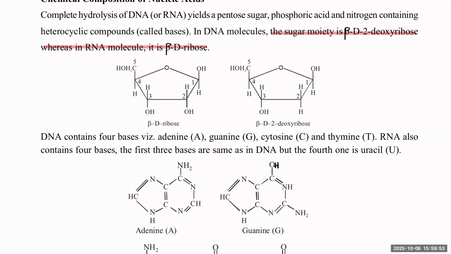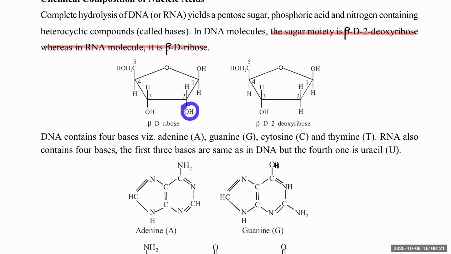When it comes to DNA and RNA, you will see there is one important difference. Both of them have the same sugar, ribose, but in DNA, at the second position, you will have deoxyribose, which means there is no OH group. This is the actual structure of beta-D-ribose.